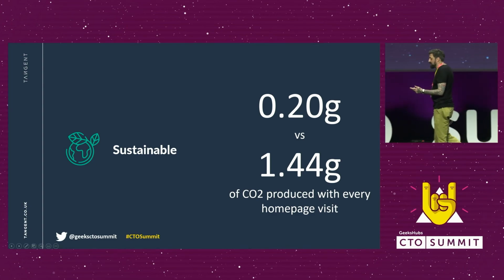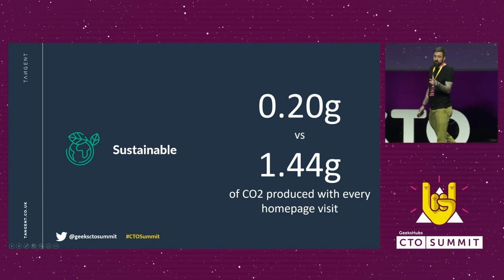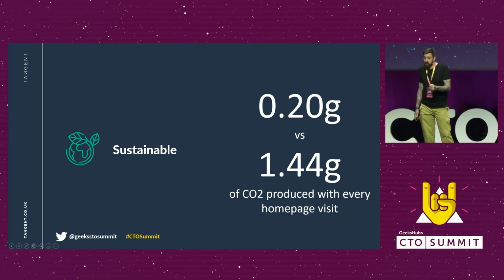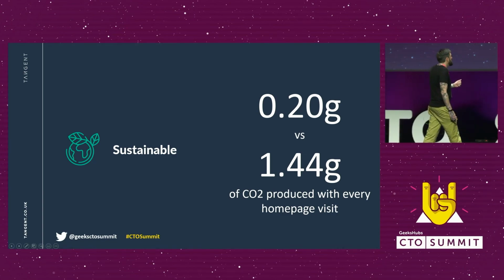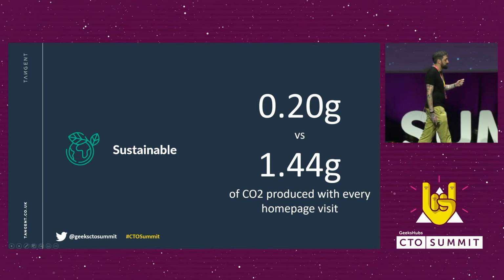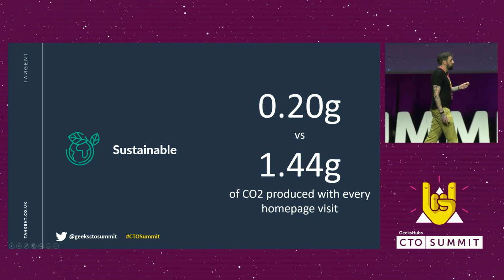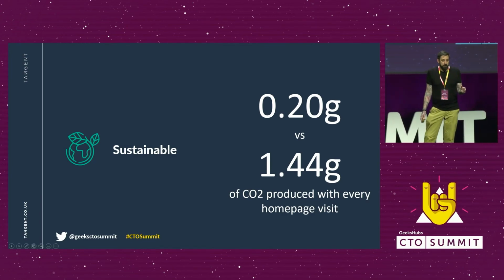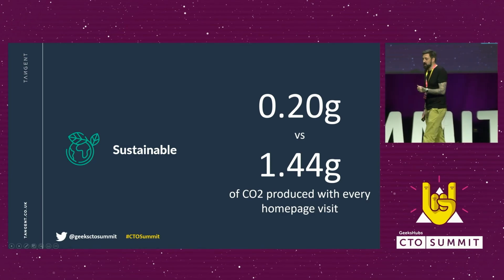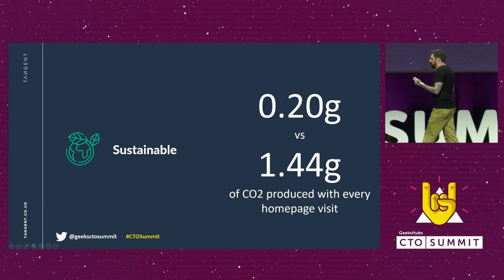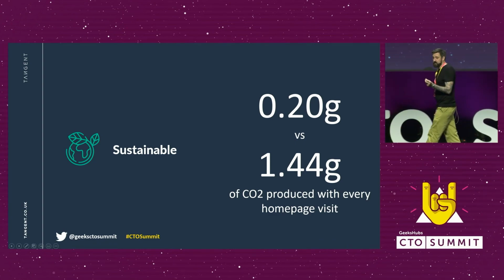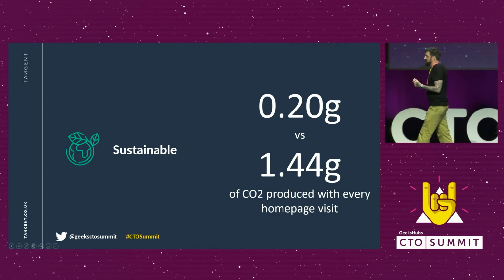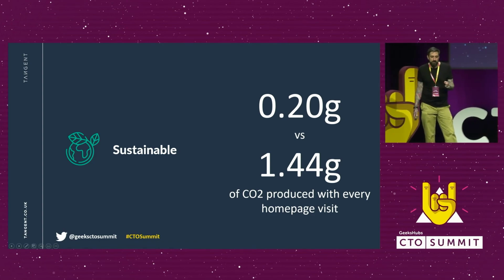And I said it at the start, but we all have a responsibility. Every single one of you in this room has a responsibility from a sustainability perspective. The planet is going through an existential crisis, and we need to start taking sustainable approaches to infrastructure and our application architectures. I was at the Wired Security event pre-COVID in 2017, and there was a stat I heard there that kind of sent a shiver down my spine.